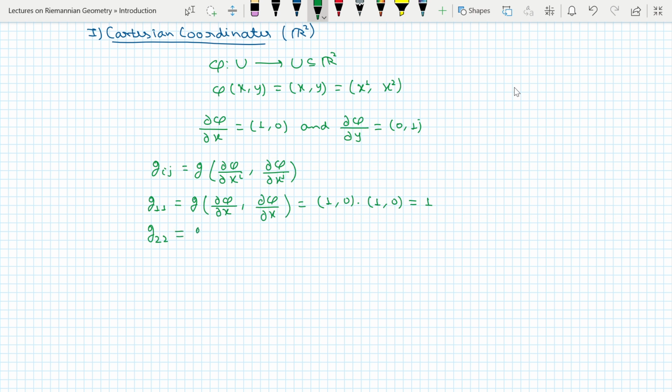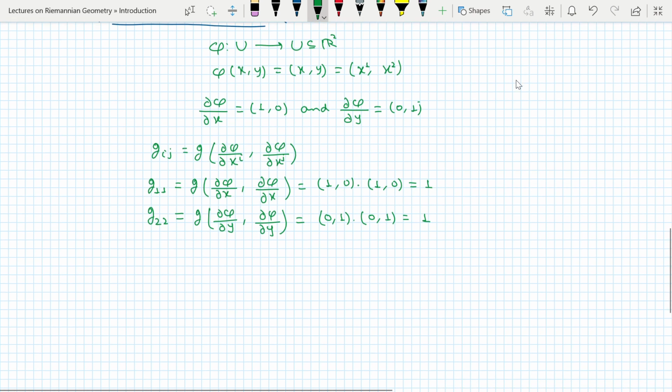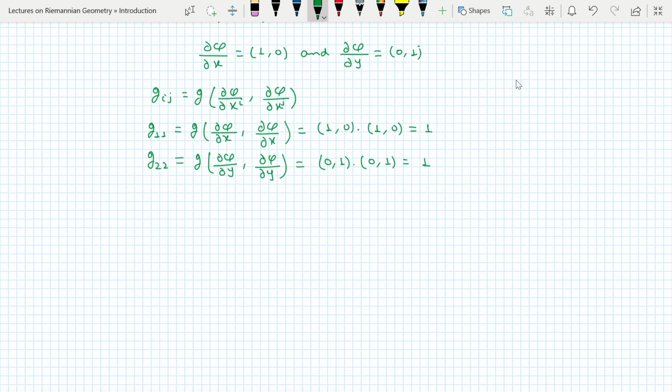Well, in a similar manner, this is g of del phi over del y, del phi over del y. Del phi over del y is (0, 1). So this is the dot product of these two, and this is again 1.